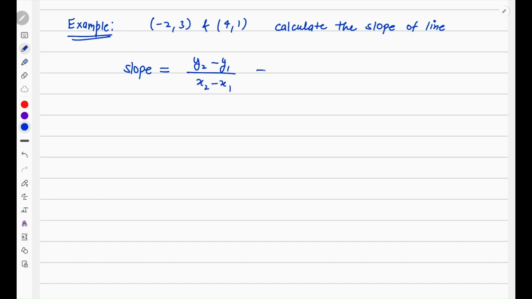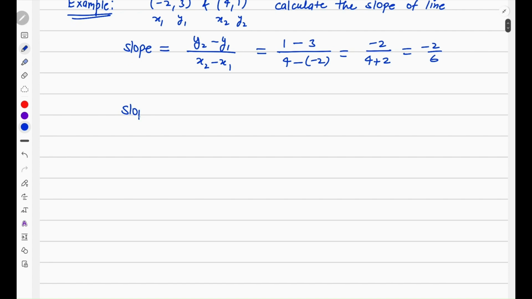So if we look at our coordinates, this is x1 y1, this is x2 y2. So the y2 value is 1 and y1 value is 3, over x2 value is 4 minus x1 value is minus 2. So it becomes minus 2 over 6, so the slope is minus 1 over 3.